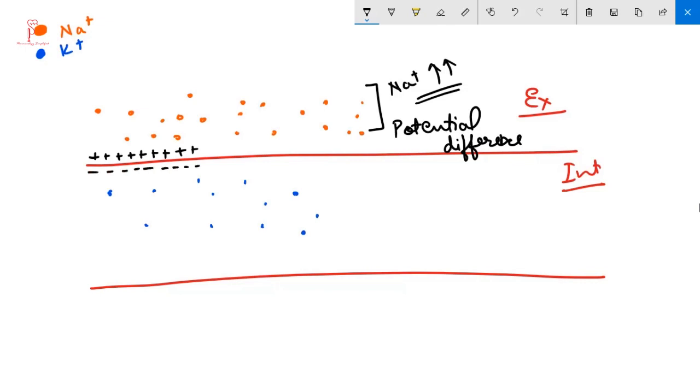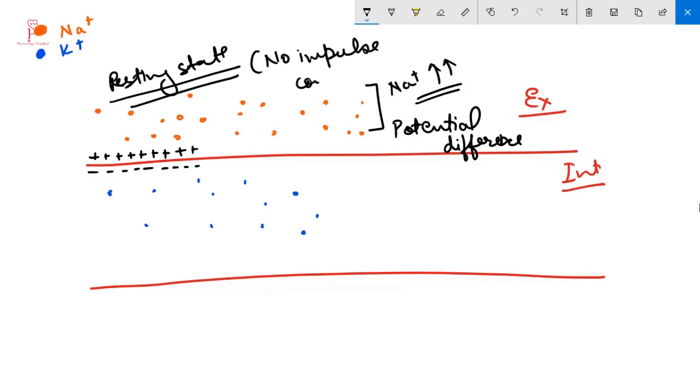Now, this is what we are witnessing right now. This is the resting state. That means there is no impulse conduction. Right now, no impulse is being conducted in this region.